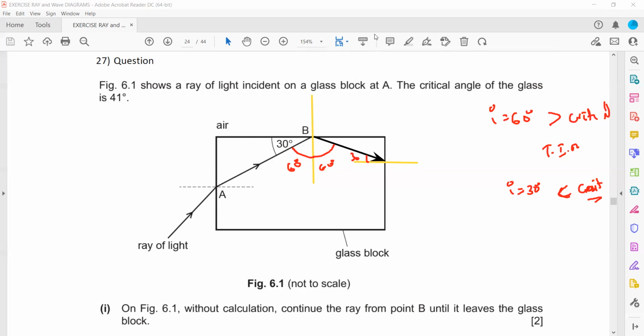In simple refraction, light is moving from glass to air, so it bends away from the normal, and the speed of the light will increase. So if the angle within the glass is more than critical, light will bounce back. If it is less than critical, it will simply refract. If it is equal to critical, like for example if this angle was 41, then it will pass along the boundary.